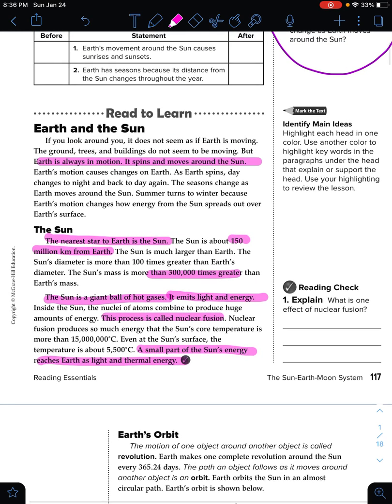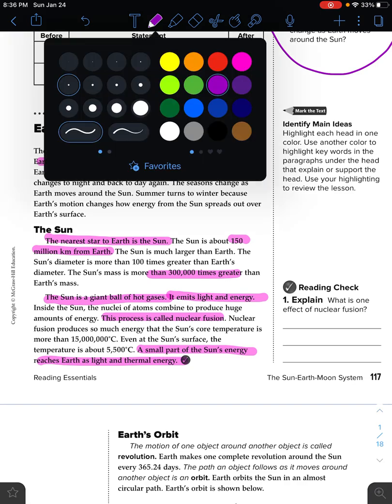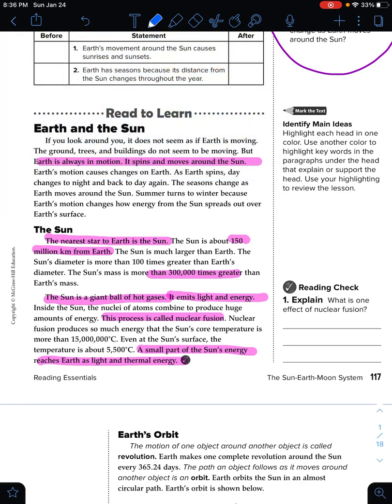That's that radiant energy. One thing I want to write out here is that when it talked about nuclear fusion, that was hydrogen, which is a capital H, and helium, which is a capital H, lowercase e.